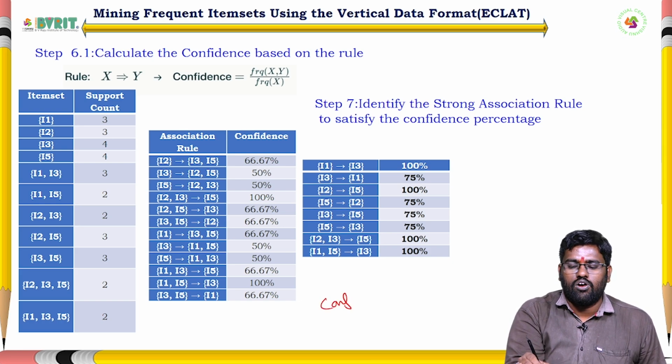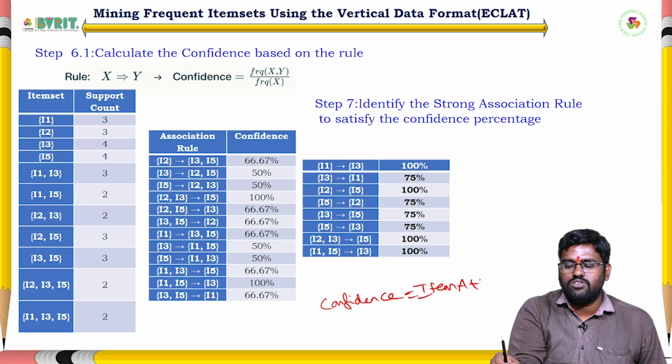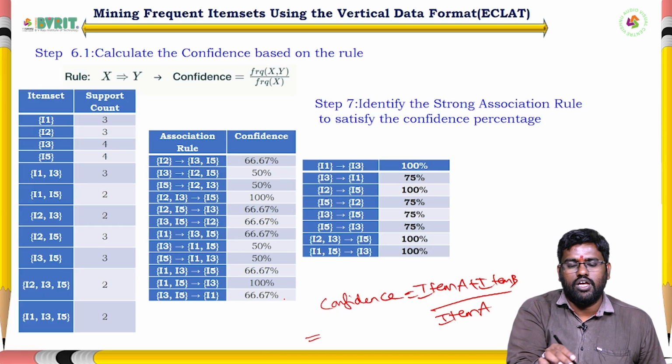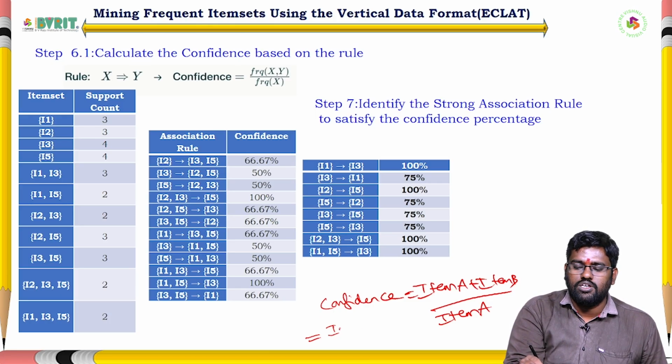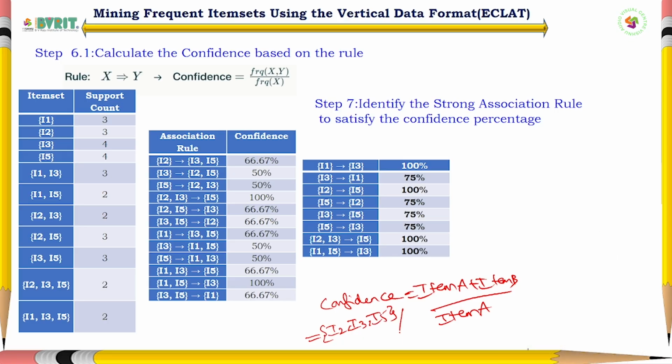We already know, confidence value is equal to the support of item A and item B divided by the support of item A. So here I2 to I3, I5 means the number of times that I2, I3, I5 is present, divided by item A, I2, the number of times it appears. So I2, I3, I5 is present 2 times, divided by I2 present 3 times. So 2 by 3, that is 66%.